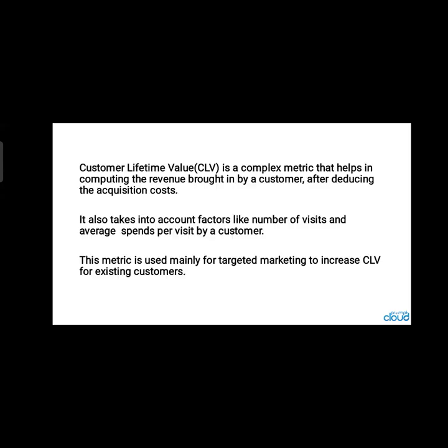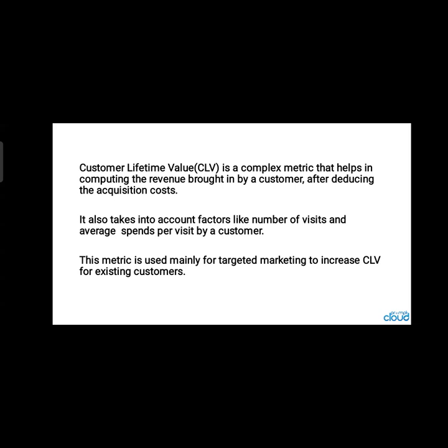Now, lifetime value of the customer, how is it calculated? Customer lifetime value is a complex metric that helps in computing the revenue brought in by a customer after deducting the acquisition cost. Acquisition cost includes marketing and advertising cost per individual customer or all put together. It also takes into account factors like number of visits and average spends per visit by a customer.